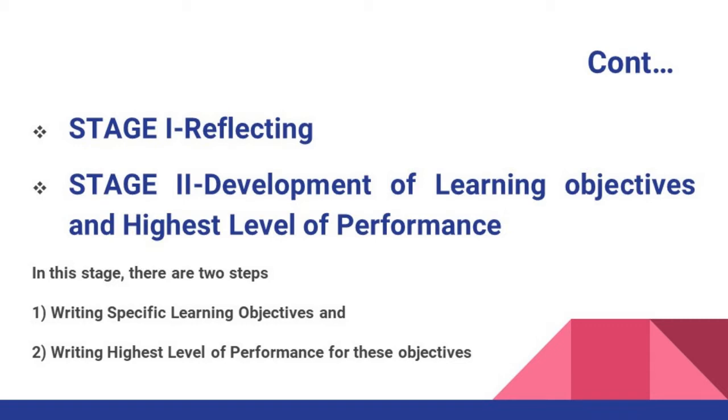The first one is writing specific learning objectives, and the second one is writing the highest level of performance for these objectives. Students, here you need to articulate the specific learning objectives which you expect your students to accomplish through this assignment.